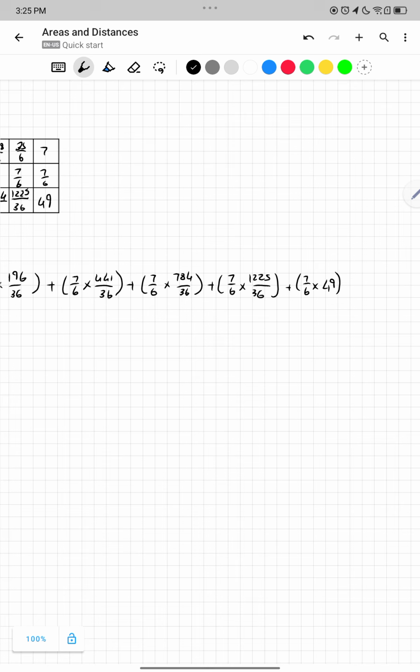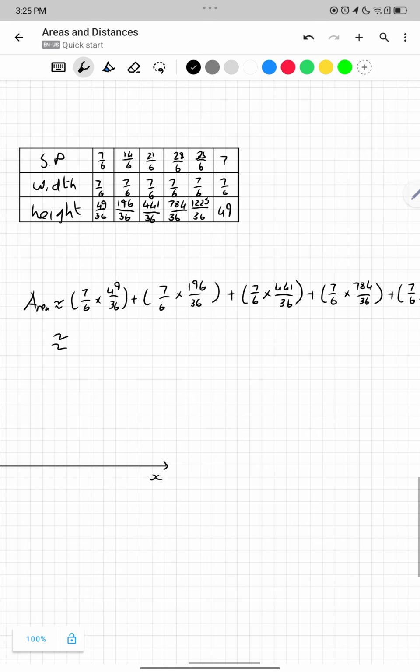So the answer is going to be approximately 144.50 units squared.